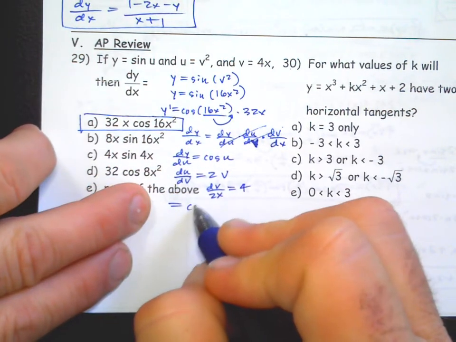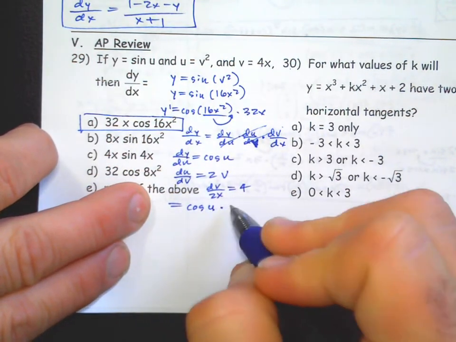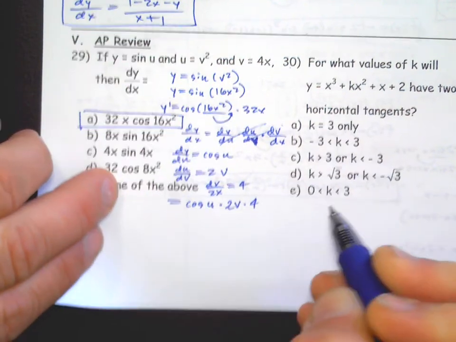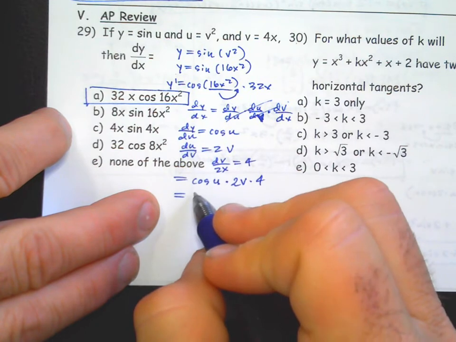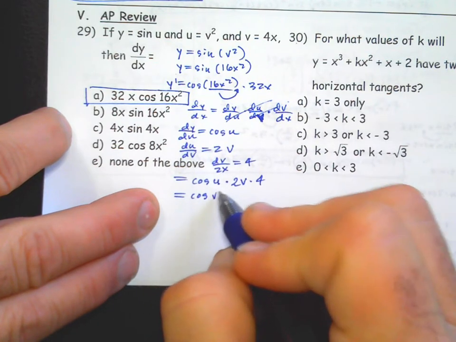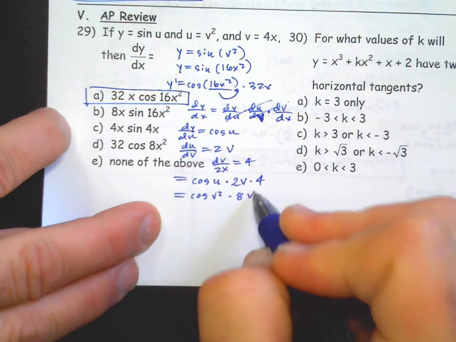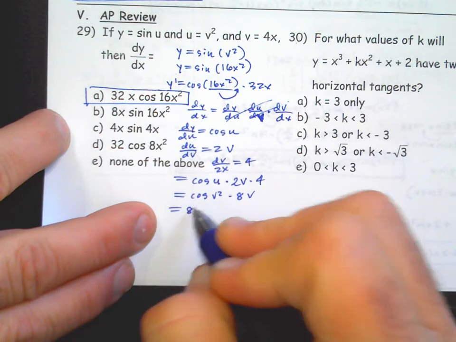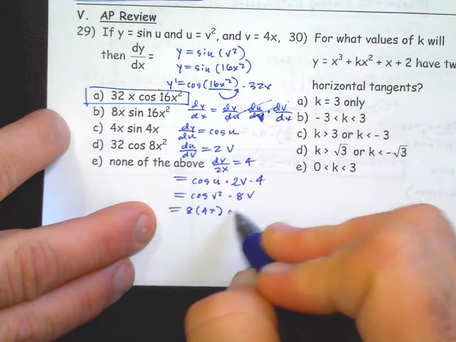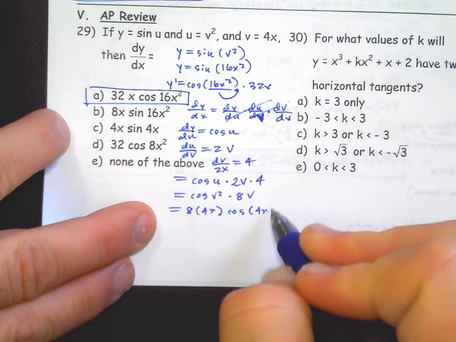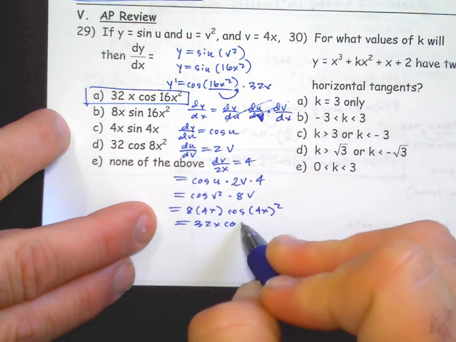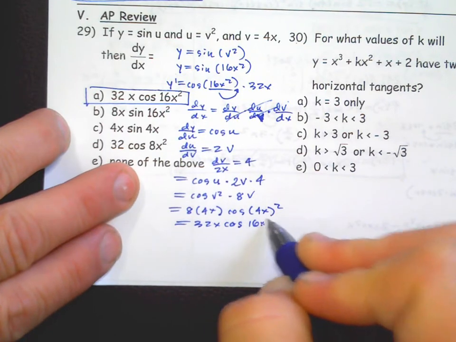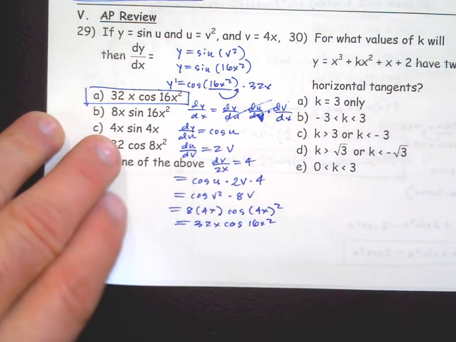That'd be cosine u times 2v times 4, but then you got to change everything back into terms of x. So u is v squared, and v is 4x, and so we get 32x cosine of 16x squared. I don't know. So, okay.